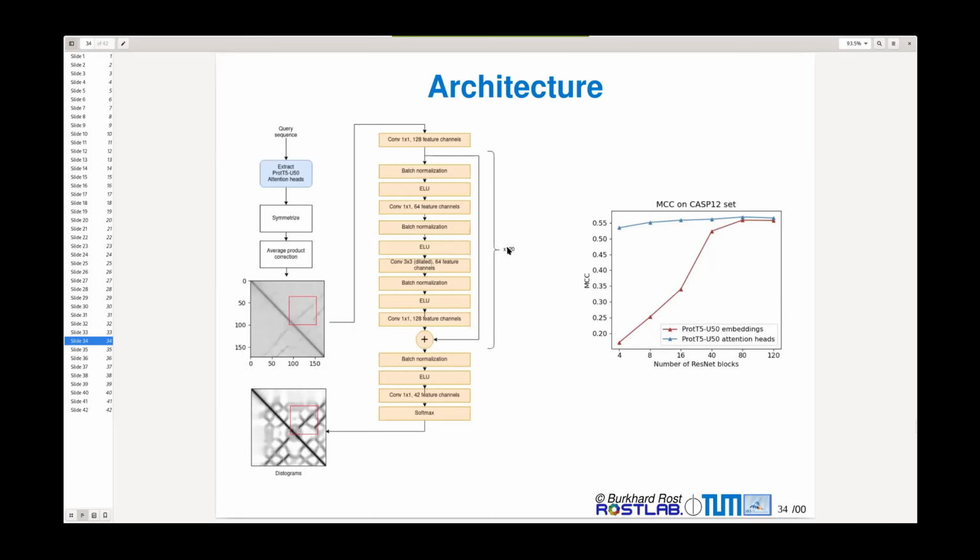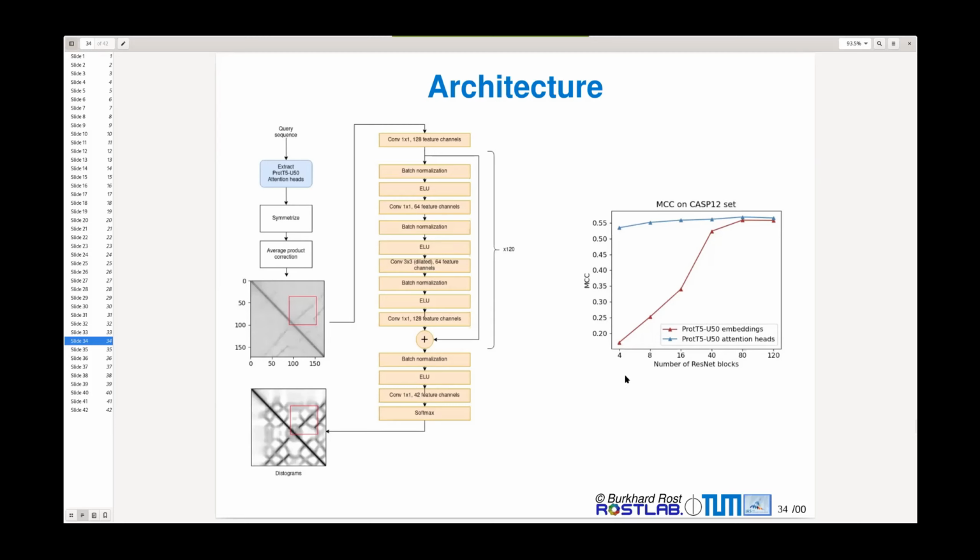It turns out this is more than enough, and we can actually go more shallow. More on that in a second. And then we have the output layer, where we just go into a 1x1 convolution with 42 feature channels, which correspond to these 42 distance bins, and use softmax to get our multi-class probabilities. And there we go, we have our histograms.